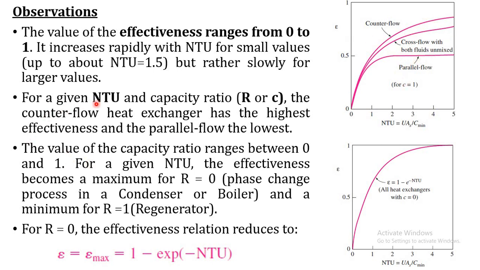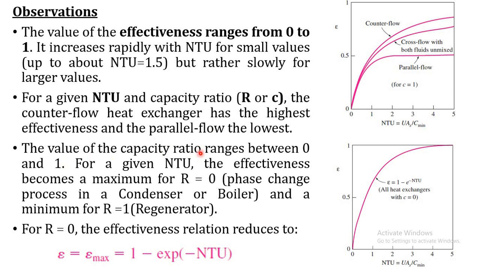For a given NTU and capacity ratio, the counterflow heat exchanger has the highest effectiveness. Always, the counterflow heat exchanger has the highest effectiveness, and the parallel flow heat exchanger has the lowest. Always, the crossflow heat exchanger is in between these two, counterflow and parallel flow.